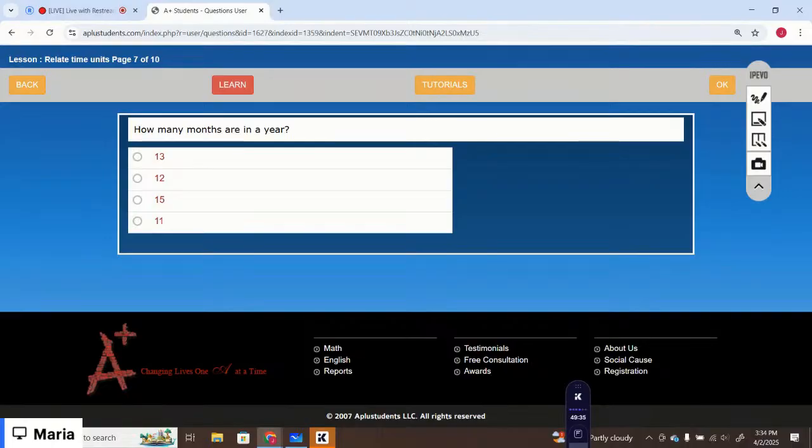How many months are in a year? There are 12 months in a year. The correct option is option number two.